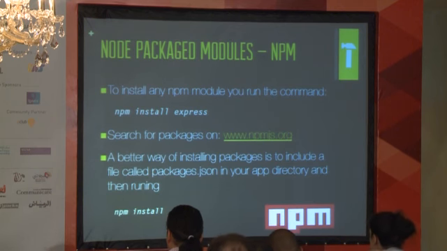Of course, you can search for these packages on npmjs.org, and most of them are also on GitHub, if you like using GitHub. But a better way of installing them is to include a JSON file called package.json in your directory. In it, you can add the dependencies, and you just write npm install in your app directory, and it works fantastically.